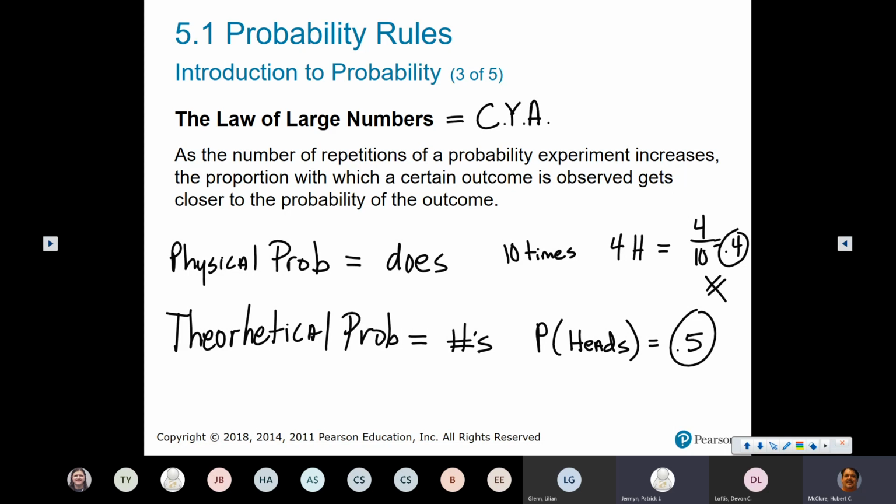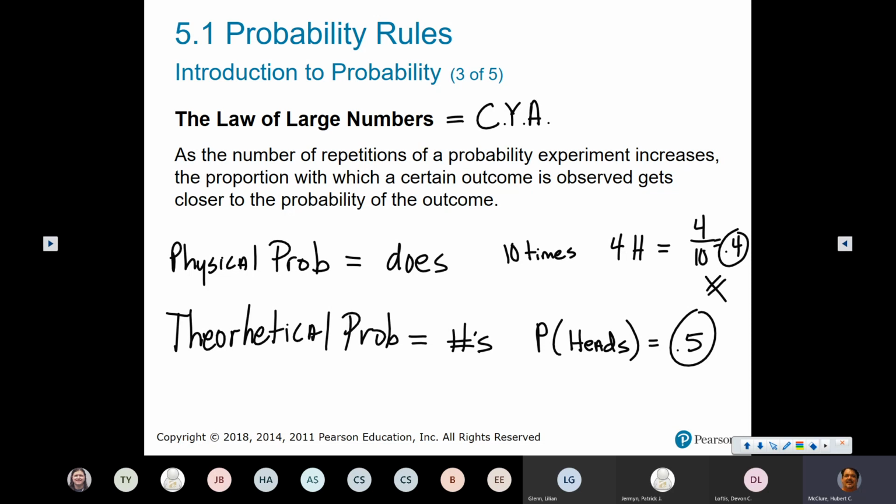I know that there's 52 cards in a deck, and honestly, it was a guess. Okay, so which one did you use? Did you use the physical probability or theoretical? Physical. Really? Or did you have the cards with you? Oh, no. Okay, so which one? Theoretical. Yep. Theoretical is based on the numbers. He did not have a deck of cards in front of him, so he's basing it off of theoretical numbers.